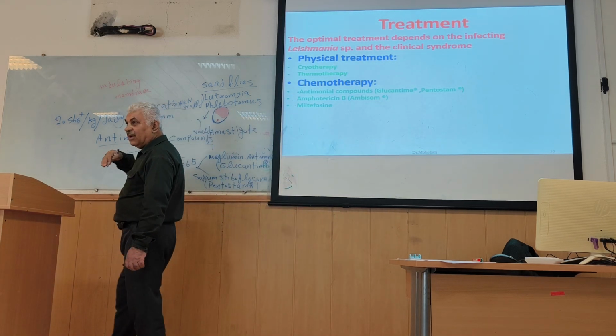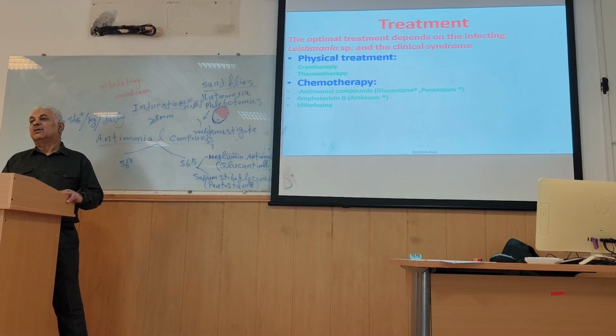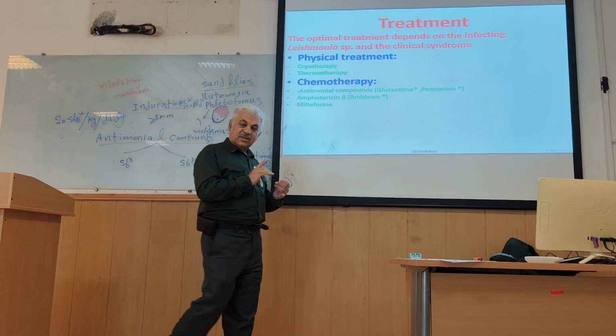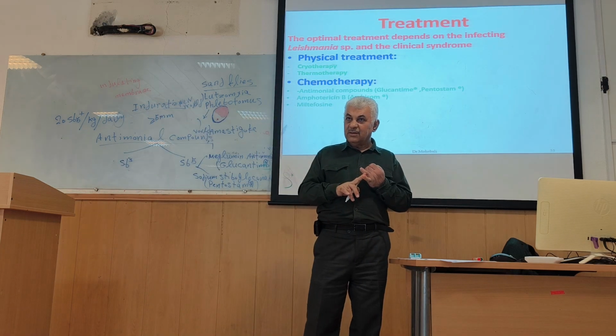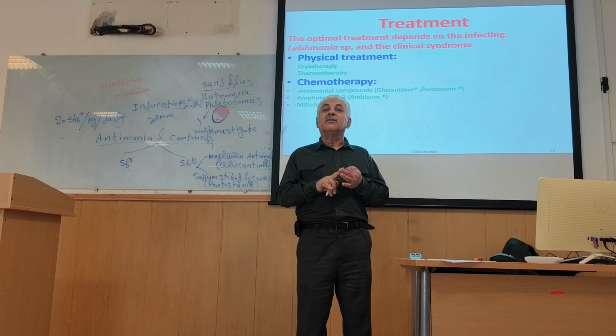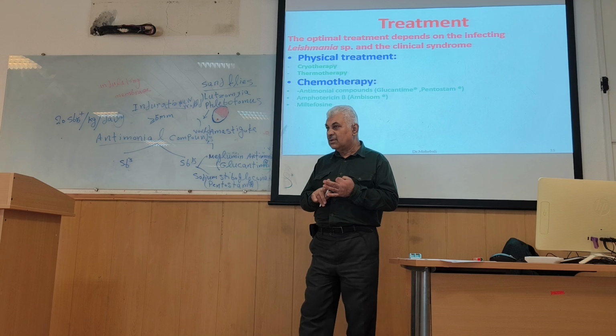So, the first line of drug, pentavalent antimony. Different dosage in different clinical form. ZCL for 2 weeks, ACL for 3 weeks, VL for 4 weeks, and PKDL for 6 months.